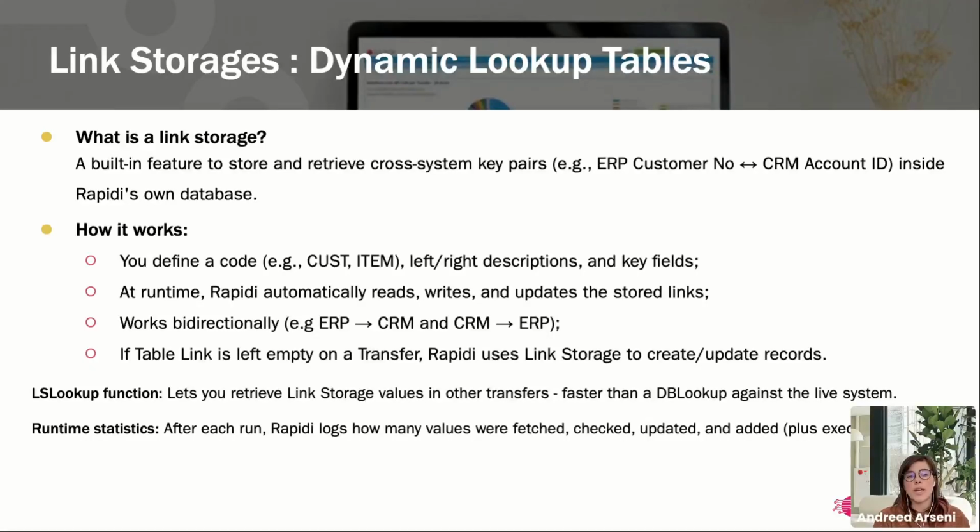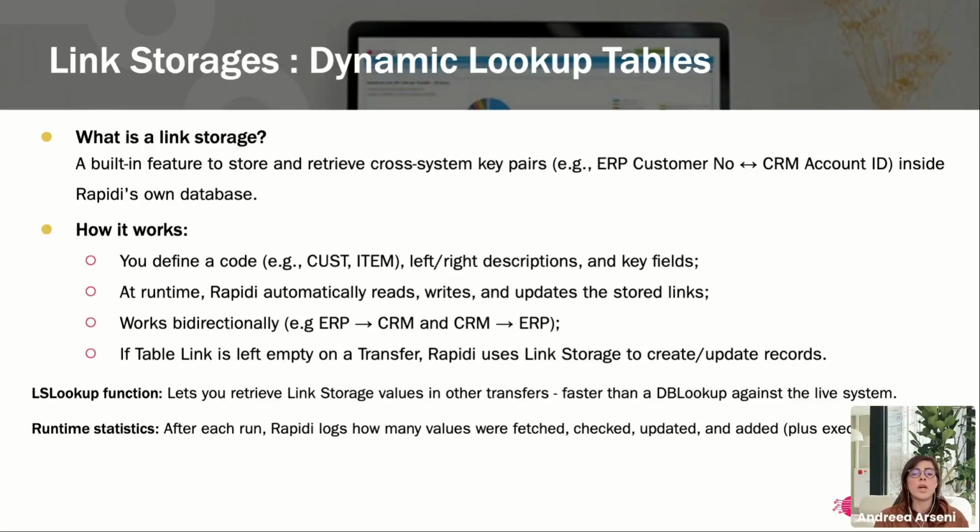Now, another important aspect here is that you have the LS Lookup formula. We also have it on our wiki. This is a formula that will allow you to retrieve the link storage values in other transfers. This is a really good way to retrieve the data that you need so that you can send your data to the destination system. And it's definitely faster, right?